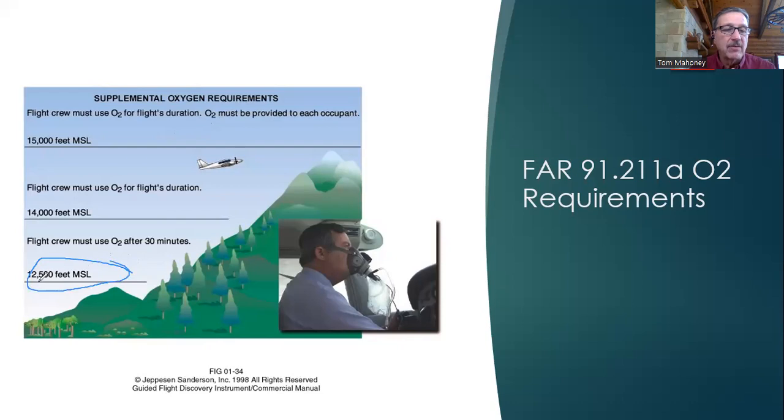12,500 feet, or below 12,500 feet. No oxygen requirements. We can fly along in an unpressurized aircraft. Should have no ill effects below 12,500. However, when we are operating in this range, between 12,500 and 14,000 feet, the flight crew must always use oxygen when they're at those altitudes for more than 30 minutes.